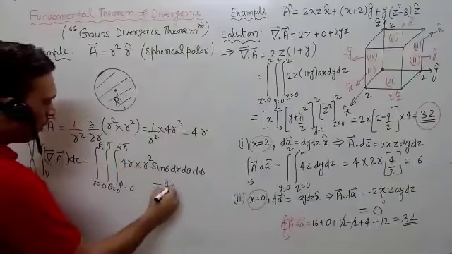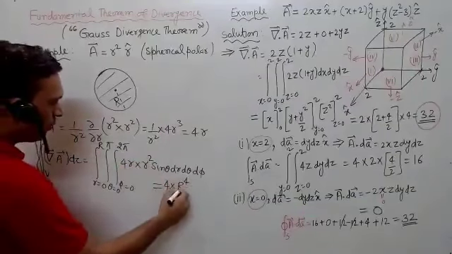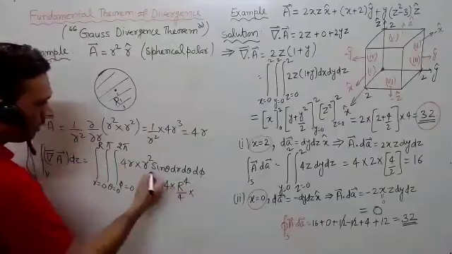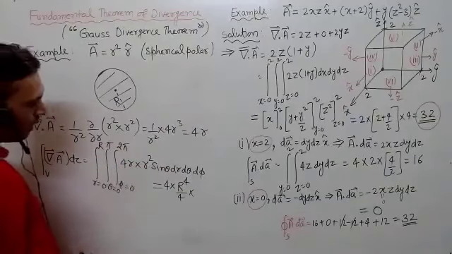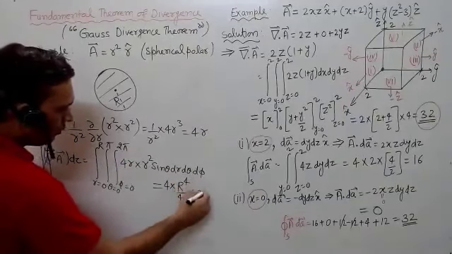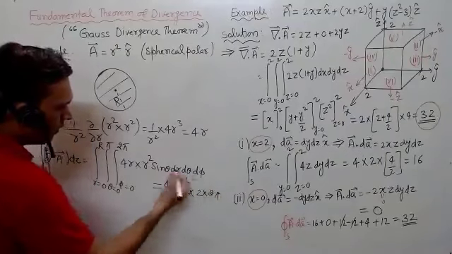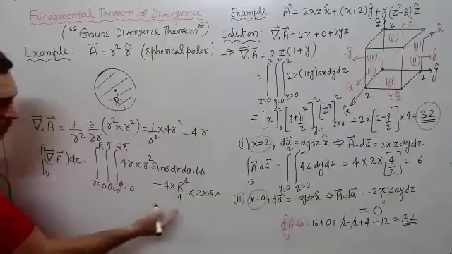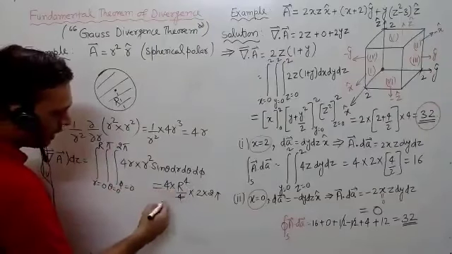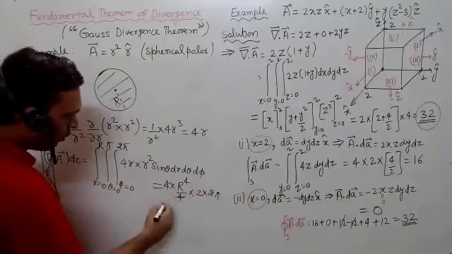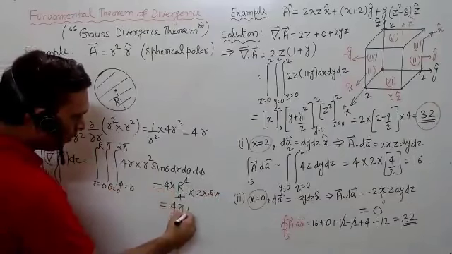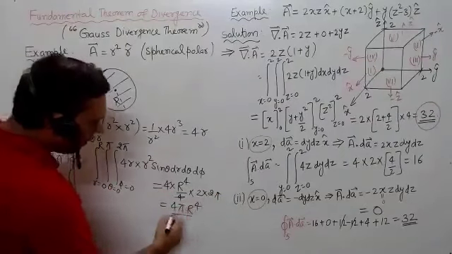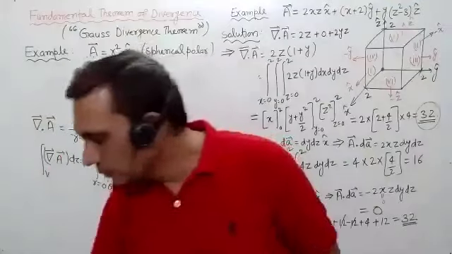The first term will give you 4 r power 4 by 4. Sin theta d theta from 0 to pi is 2, since the integral of sin theta is minus cos theta, and d phi will give you 2 pi. The 4 will cancel out. So this value is 4 pi r power 4. This is the volume integral.